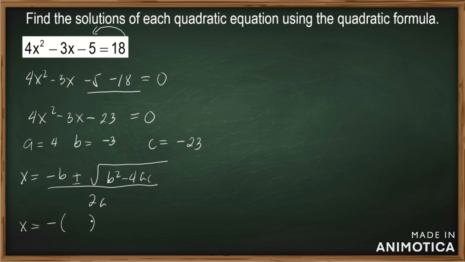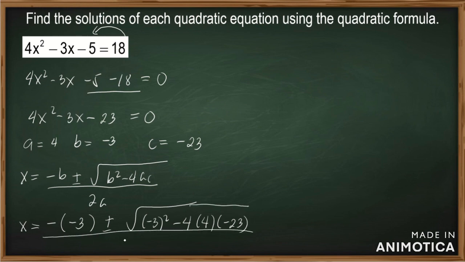Again, when you substitute, enclose the value in a parenthesis to avoid confusion, especially when the substituted value is negative. So we have here negative of negative 3 plus minus the square root of negative 3 squared minus 4 times a, that is 4, and our c is negative 23, divided by 2 times a, which is equal to 4.